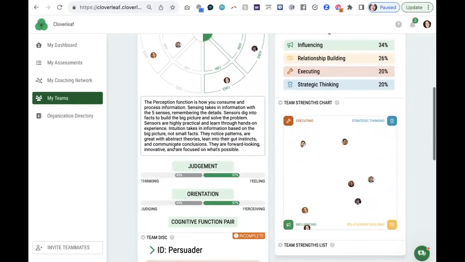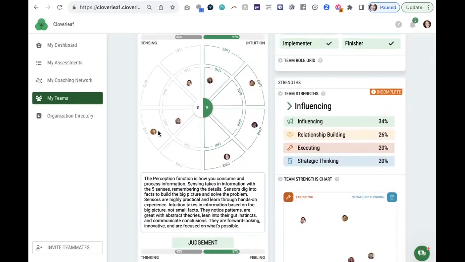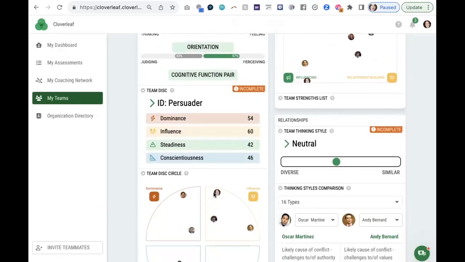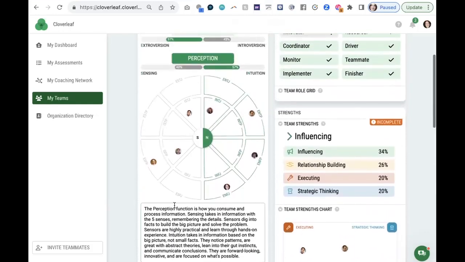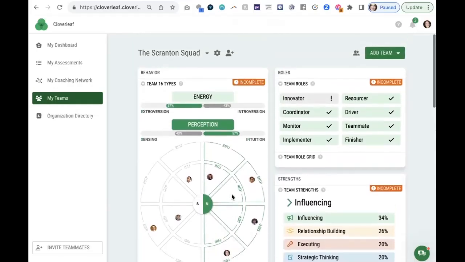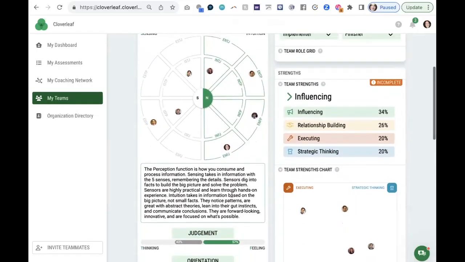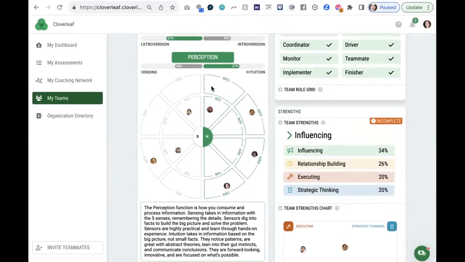Now, just so that it doesn't get confused, there's no placement on these. In DISC, it's a little bit more like, when you're closer to the edge or higher in this area. The way the display is here, you're just placed in this box based upon your 4-letter category, right? And so when you're helping people learn a little bit about 16 types on Cloverleaf, it's really good to have this visual.